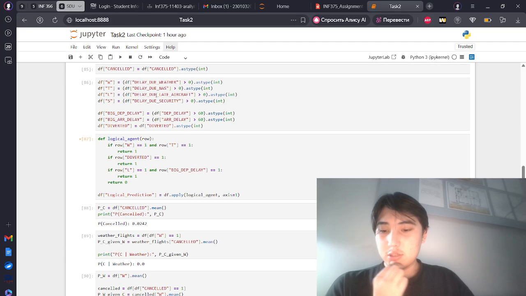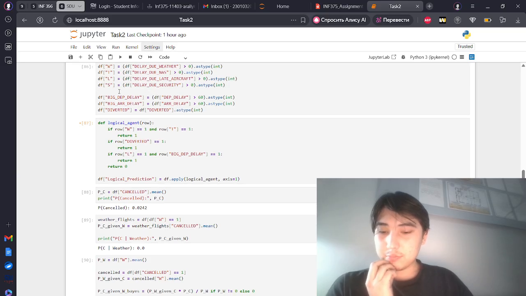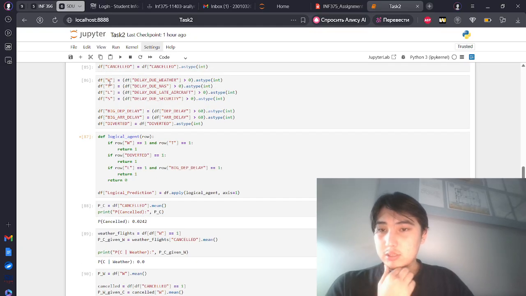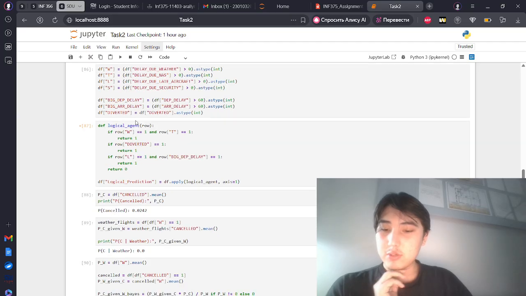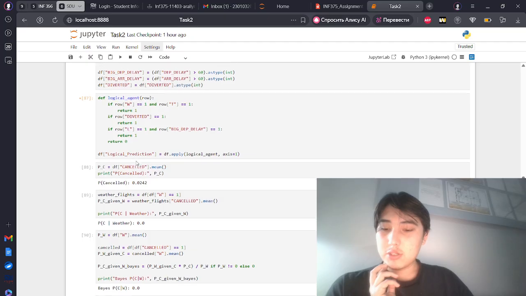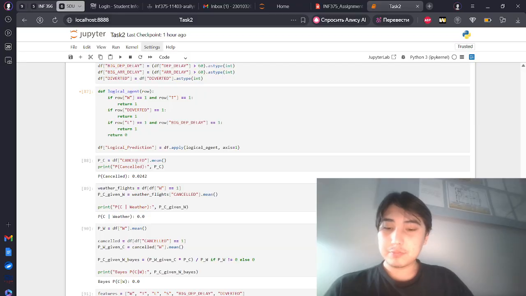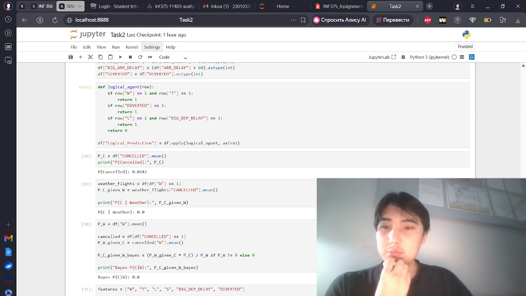Then I created the logical features for my model, like W means weather, L represents the aircraft, T is traffic delay, S is security delay, and then I created the logical agent using an if-else statement.